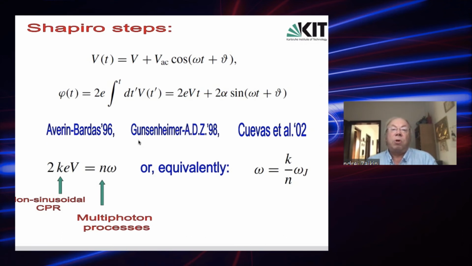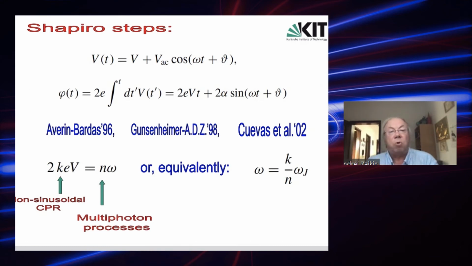If you study Shapiro steps, and this was done to a certain extent by Averin and Bardas, our paper with Gunzenheimer, and also by Cuevas, then you see that under this condition you have Shapiro steps in your current voltage characteristics. That is, you have resonances, where K and N are integer numbers. Now K just follows from the non-sinusoidal current phase relation. It is just harmonics.